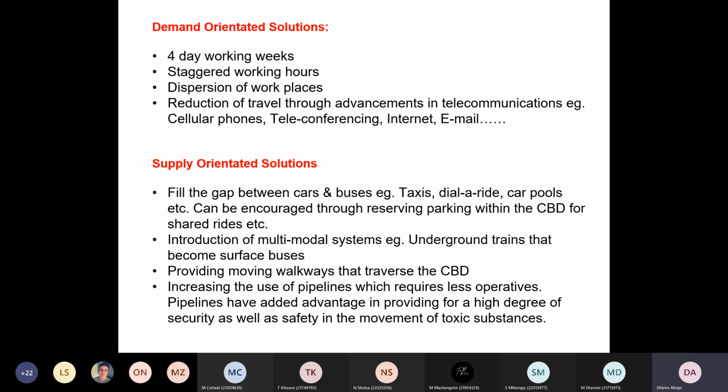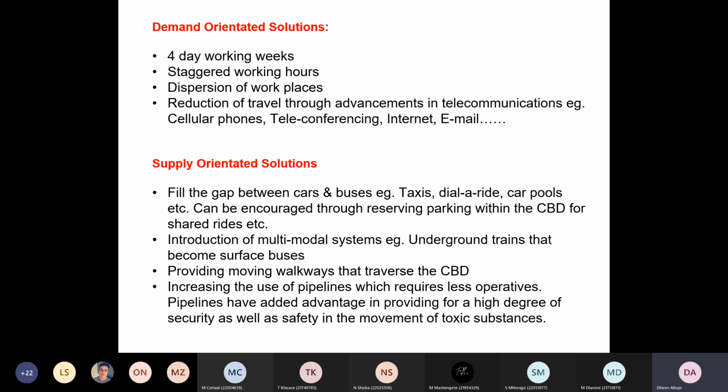It could be implemented by maybe some companies adopting to commence work at maybe 9 a.m. and then finishing work at 6 p.m., or 7 a.m. And other companies may implement starting work at 7 a.m. and finishing at 3 p.m. So there's various ways one could look at. And by simply staggering your working hours, what are you doing?